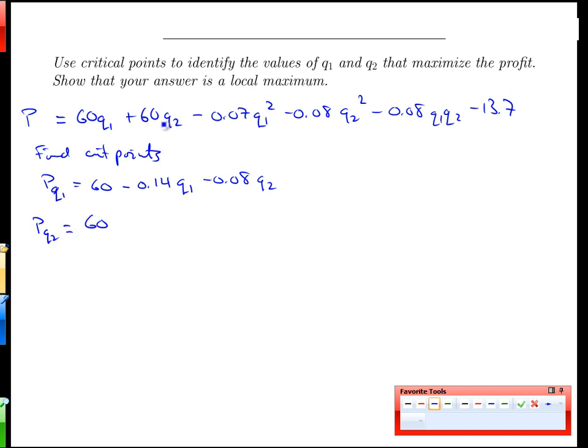Likewise, when we take the derivative with respect to Q2, we are going to get an expression like this. When we take the derivative with respect to Q2, Q1 is a constant, so that's a multiplier. And we set them equal to 0 for the critical points.